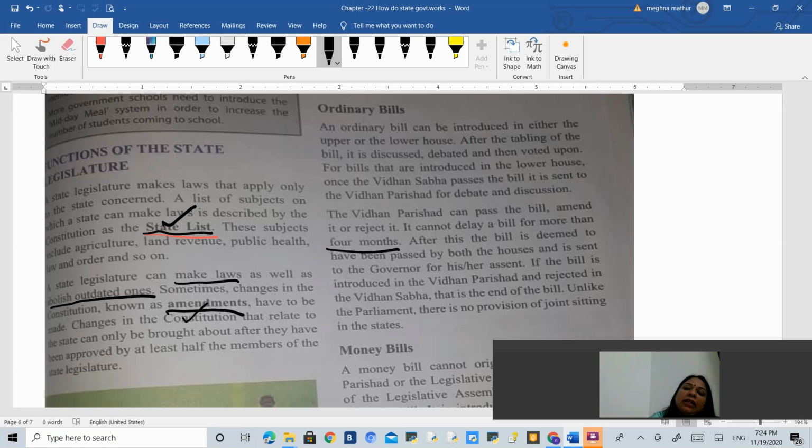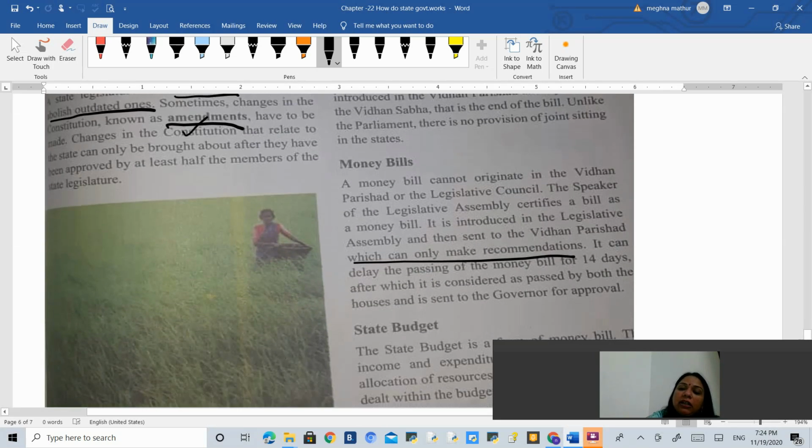Money bill is a little typical. As I told you, a money bill is something which is related to money, and a money bill arises only in Vidhan Sabha. It never goes for discussion first in Vidhan Parishad. It always arises first in Vidhan Sabha. Vidhan Sabha can decide whatever, and if the bill fails, it will not go to Vidhan Parishad.